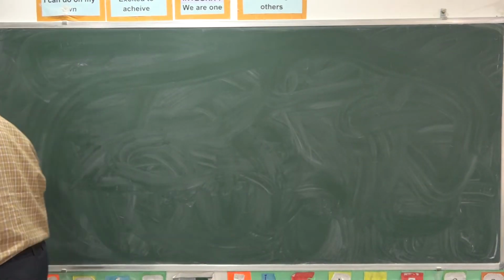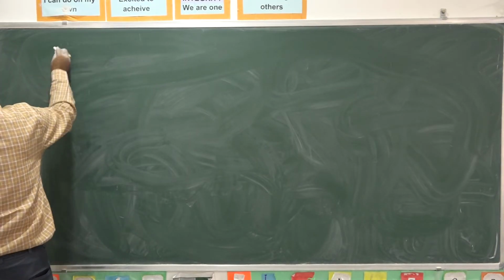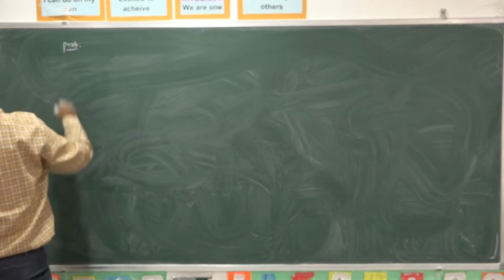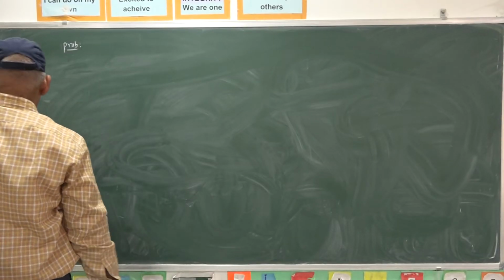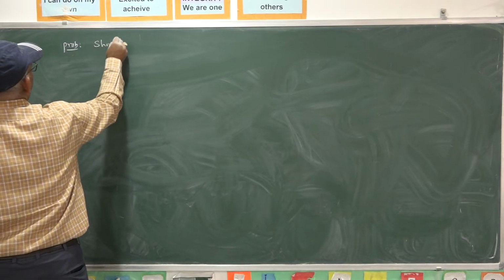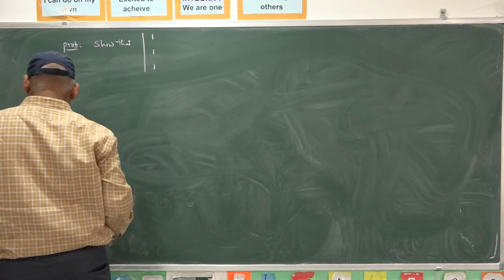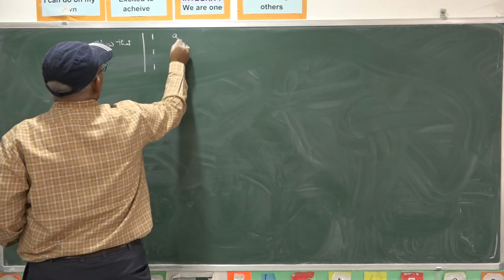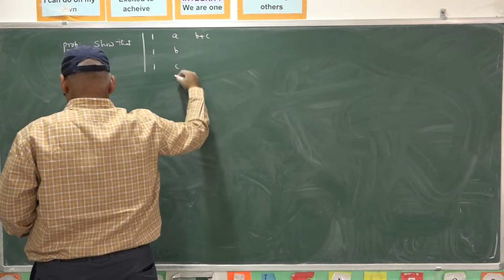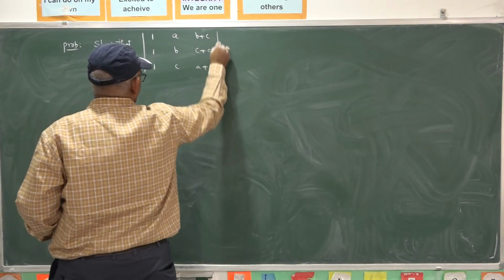Next problem. Show that the determinant 1 1 1, A B C, B plus C, C plus A, A plus B is 0.